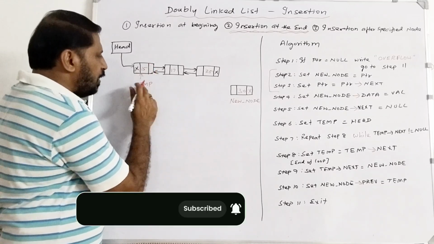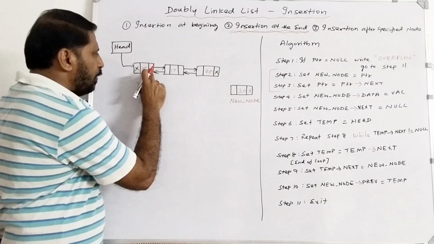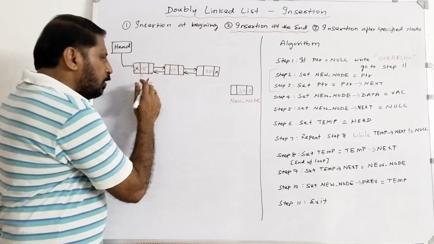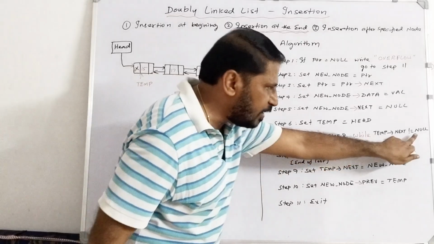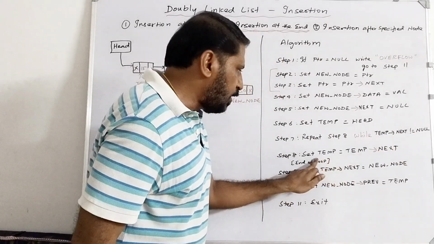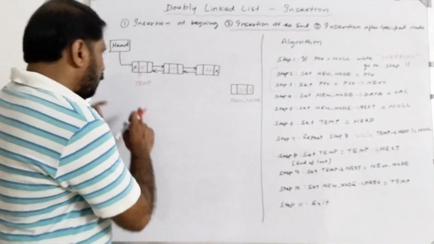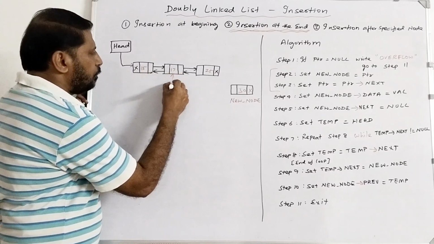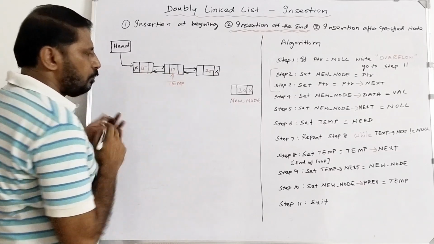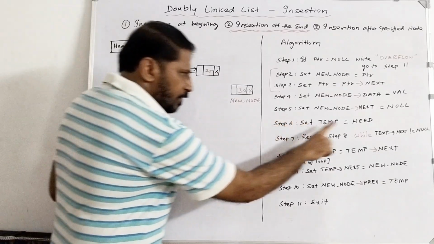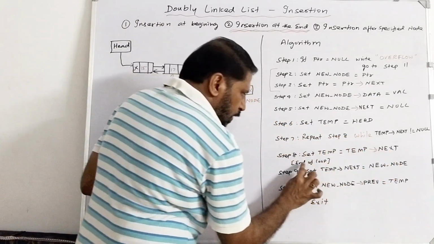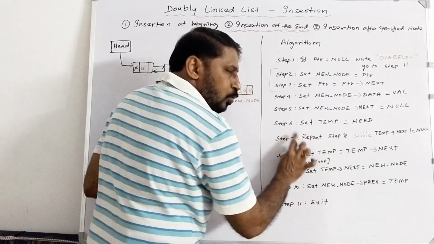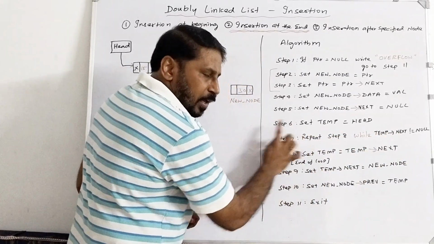Temp next is not null because it is having a node, so the condition is satisfied. Step 8: set temp equal to temp next. We are moving the temp variable from here to here. We have to do the 8th step again and again until this condition fails.